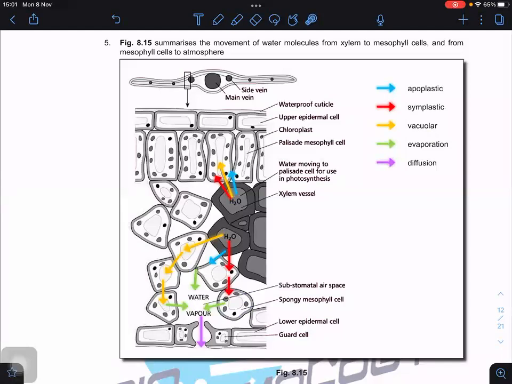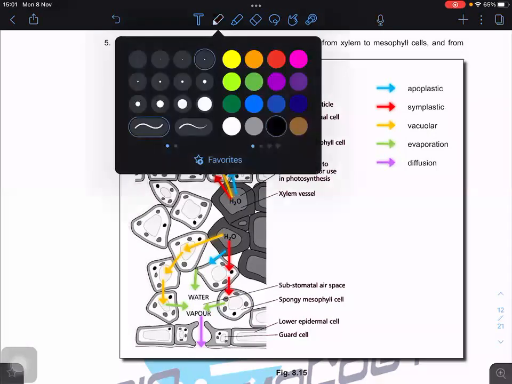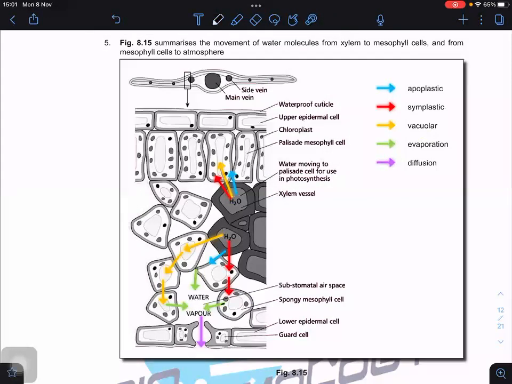So what I want you to change now is perhaps use a black arrow just to cancel this part. So leave the green arrow from the cell wall, because evaporation must take place from the cell wall.